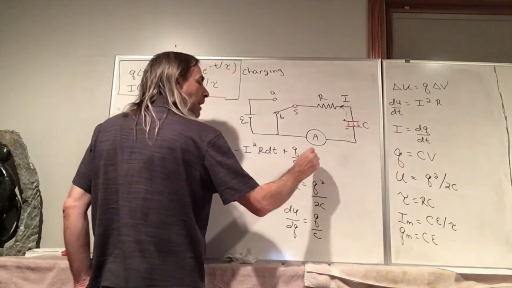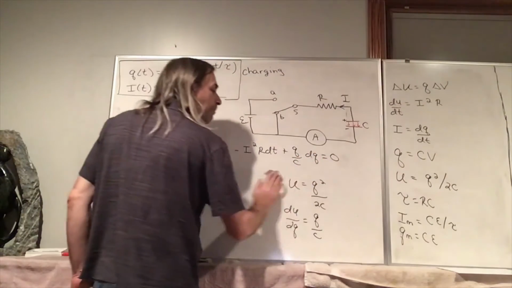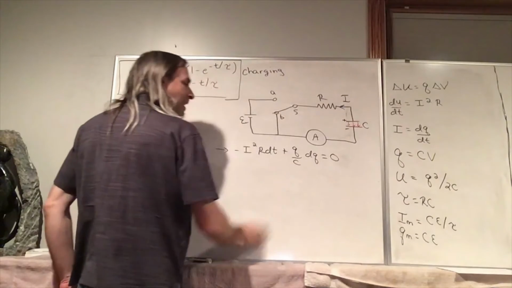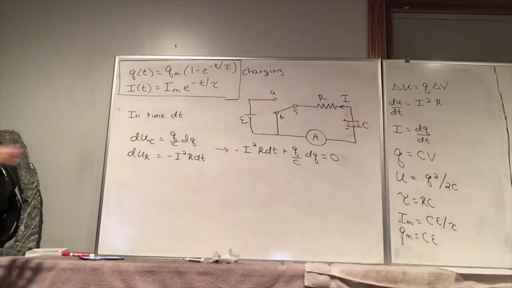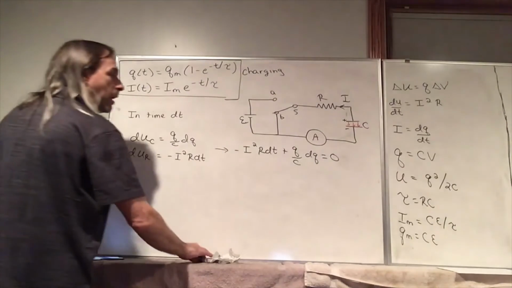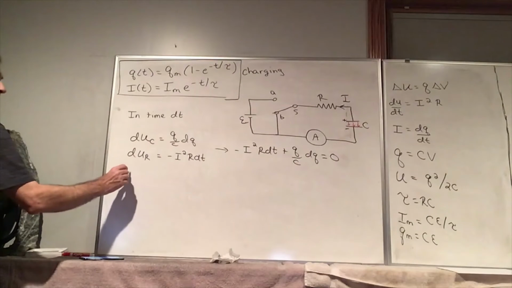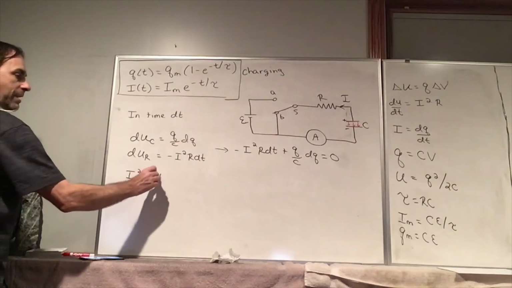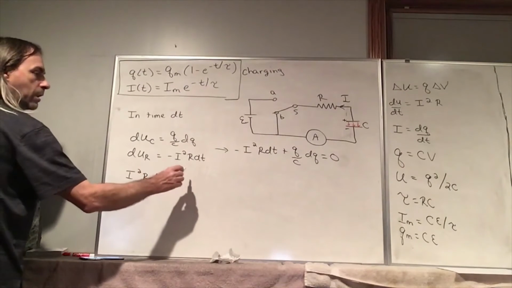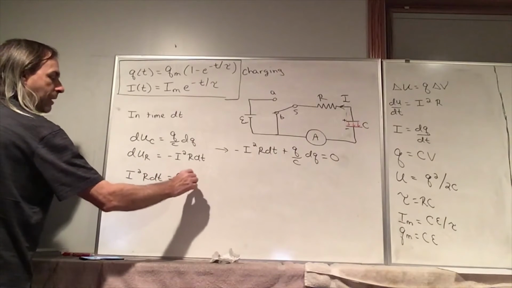So let's fix this now. We can also take a time derivative, but we can just plug in dq as I dt. So let's do that. Let's say I squared R dt equals Q over C I dt.